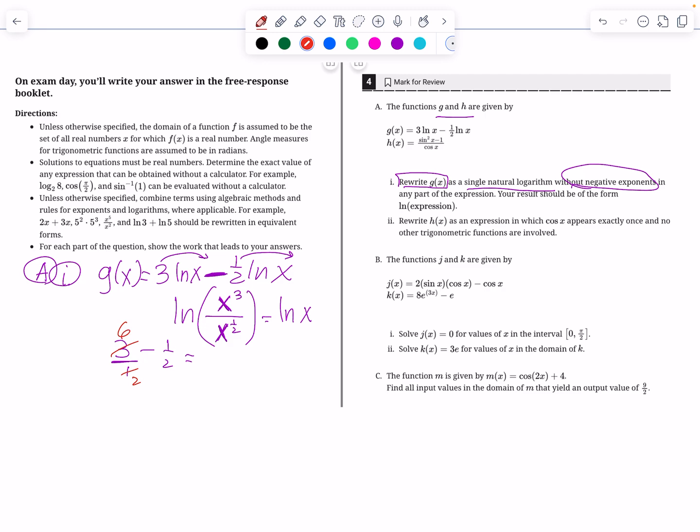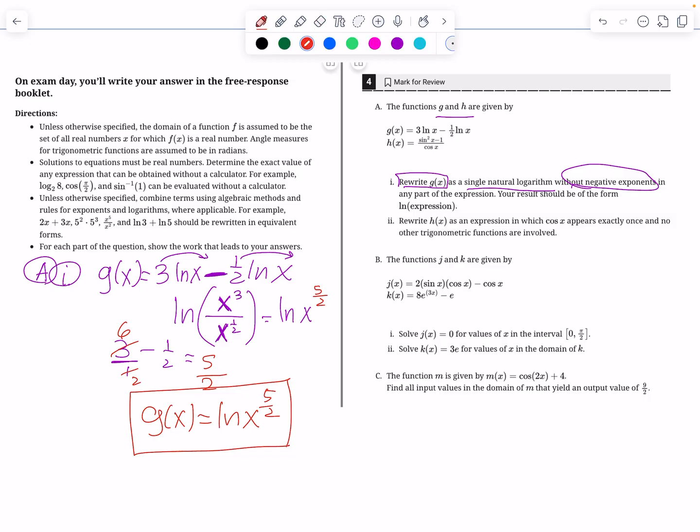So 3 times 2 is 6. So 6 minus 1 is 5, and common denominator 2. So we have ln x to the 5 over 2. So g of x equals ln x to the 5 over 2. Okay, that's our answer. And now let's look at Roman numeral 2.